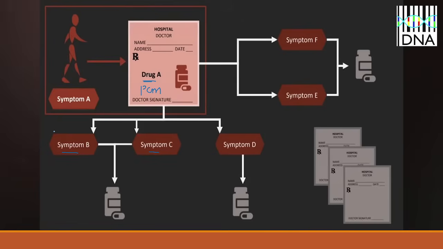Paracetamol acts as an analgesic, which means it reduces the pain. Also, it acts as an anti-inflammatory, so it can cure symptom B. The main symptom is handled by the analgesic activity, to reduce the pain or the fever.